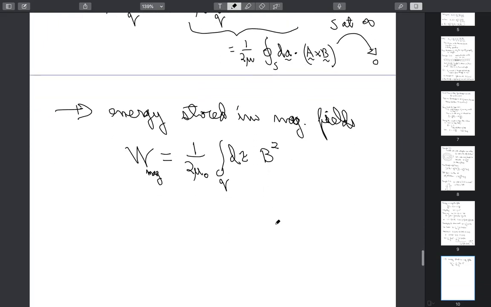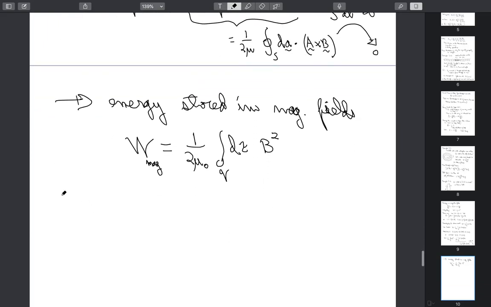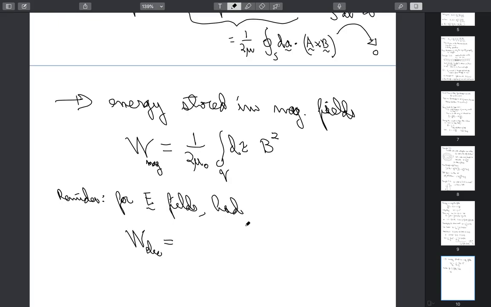Okay? And a reminder, for E fields, we had that the energy stored in the electric fields was equal to epsilon 0 over 2 times the integral over my volume of E squared. So you see the nice parallel between the two.